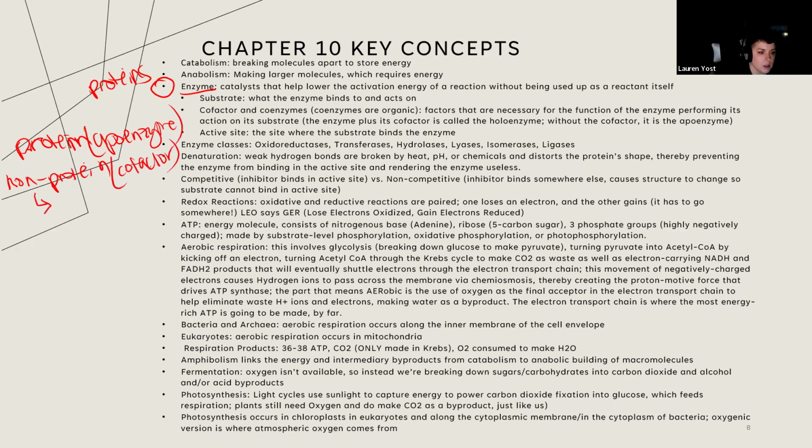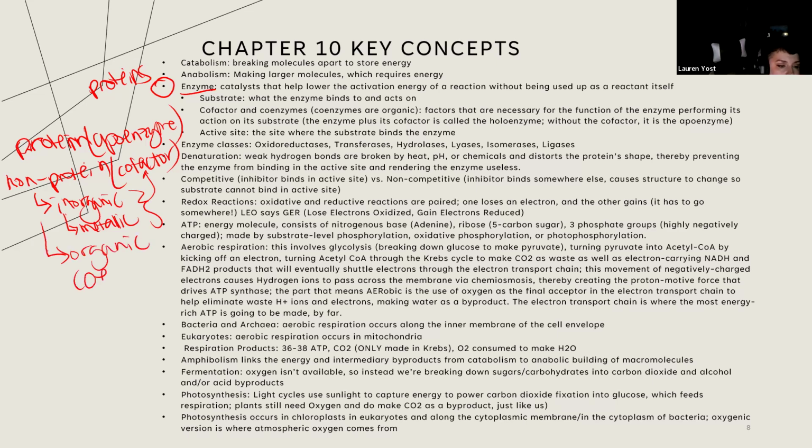If this is inorganic, including metals, like metallic ions, like what we have with iron in your hemoglobin, for example, this is still a cofactor. But if our cofactors are organic, it's called something else.